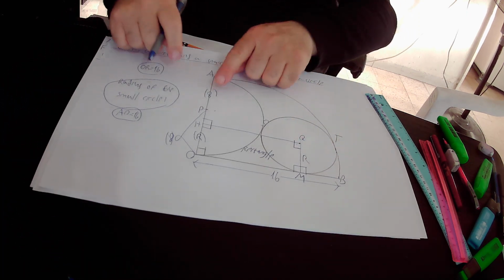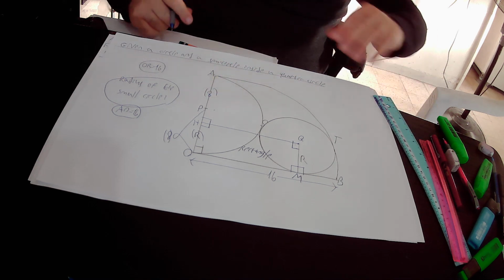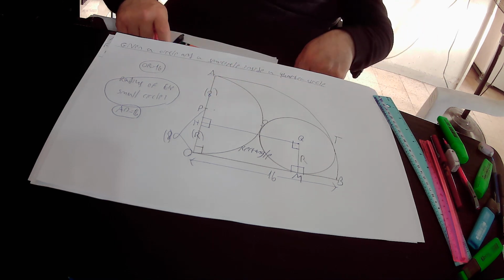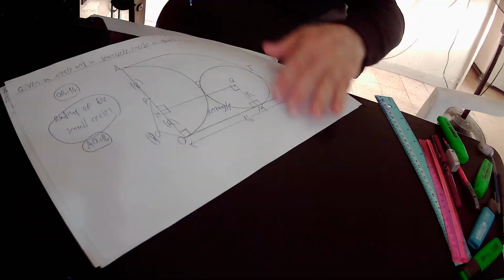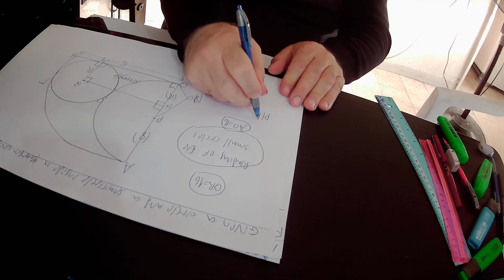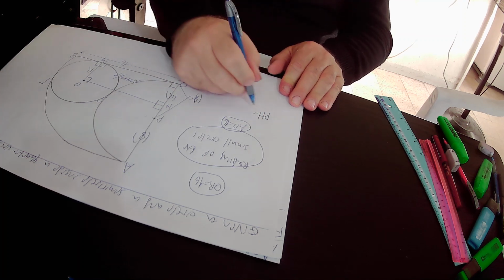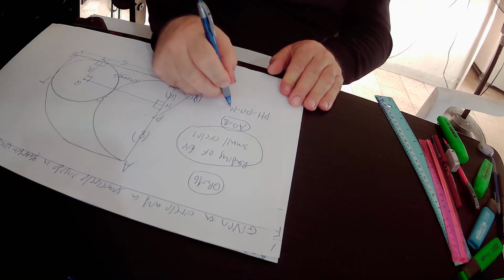So what is the length of line segment PH? It is very easy to see that PH equals PO minus HO. Again, PH equals PO minus HO. So I write it down. PH equals PO minus HO.